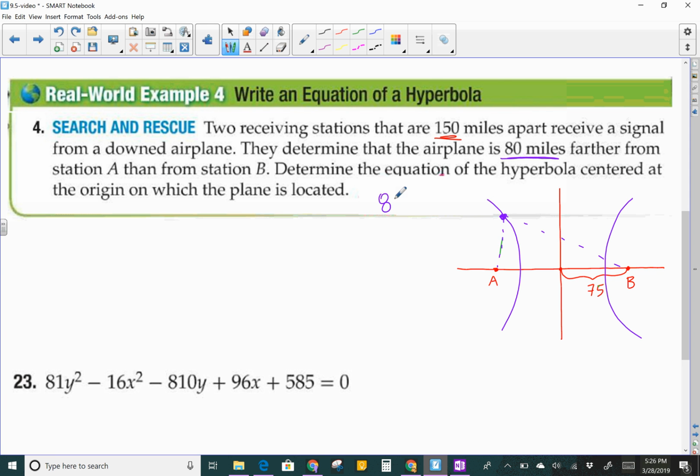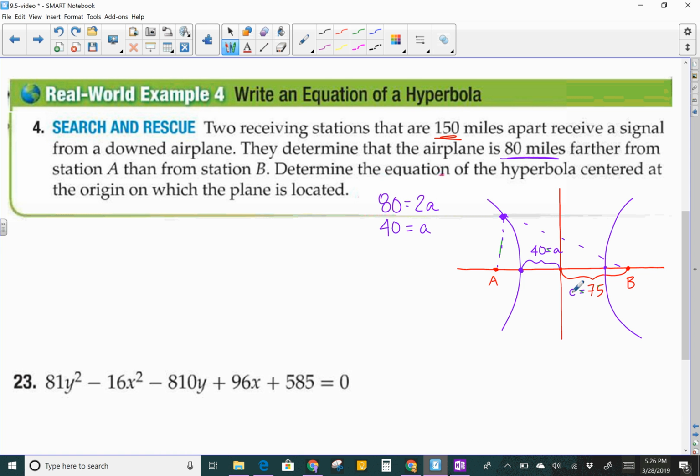And if that's 80 miles, that's that constant. So that tells me what 2A is. So that means that A is 40, which means at this point right here and here, that is 40 units away. And that, of course, is A, as I just said. This is your foci, so that's C.